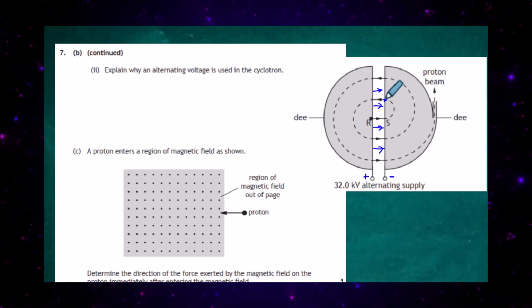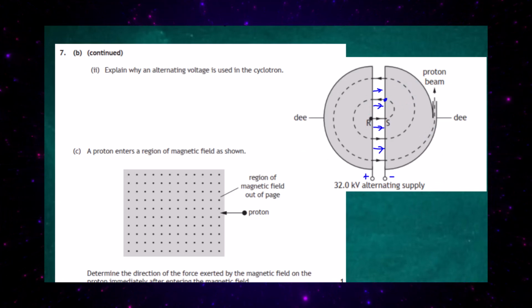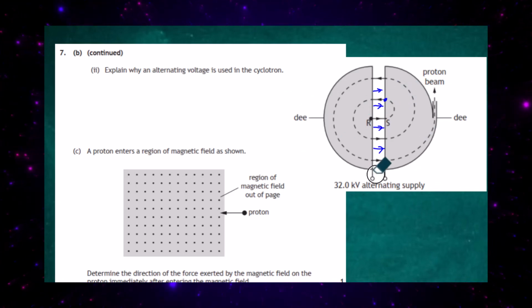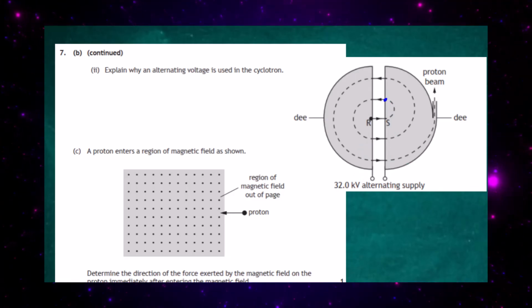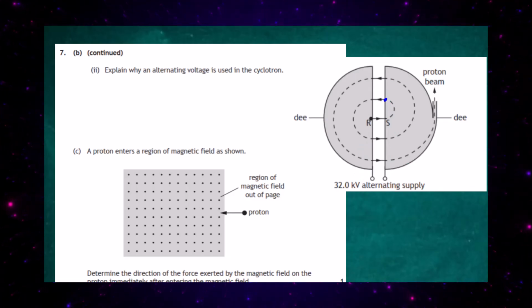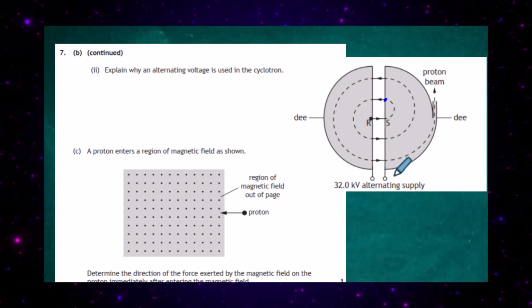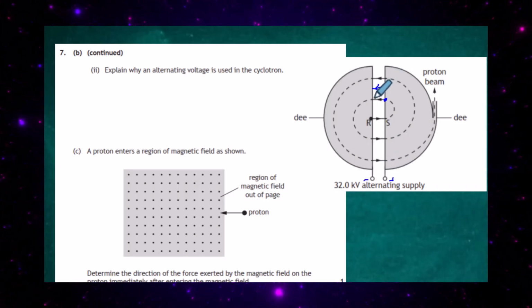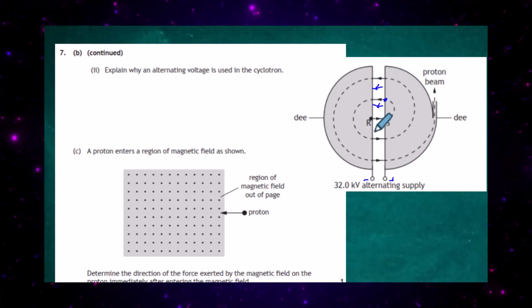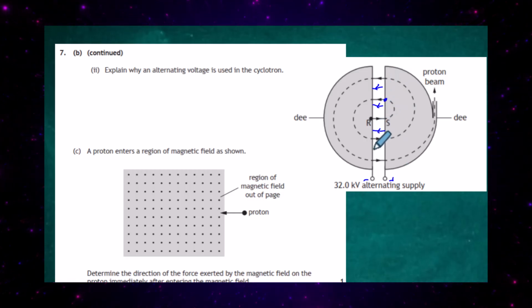When the proton gets to this position, the supply must change the field direction. So it's got to be plus here and minus here in order for the field to be in this direction, with the arrows going across from S to R.